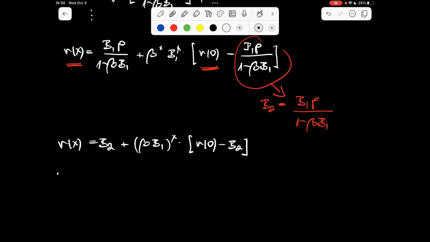So it is also true of y, where y is the order size.